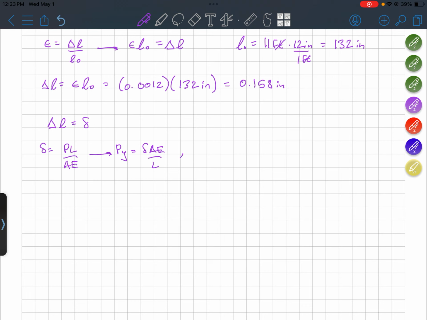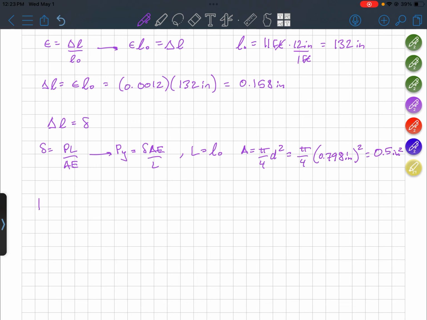Now in this formula, L is equal to original length, and my area, which I can quickly solve for, is pi over 4 d squared, equals pi over 4 times 0.798 inches squared, and that came straight from the imagery, and that gives me 0.5 inches squared.